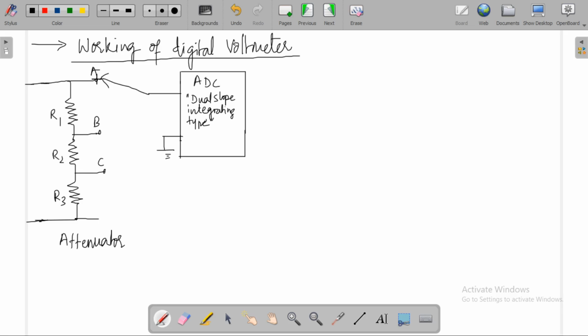If the switch is thrown to position A, the voltage range will be 0 to 1 volts. Okay, if this is the range, then the resolution will be 1 millivolt per step. I will come back to this point. For the range of 0 to 1 volts, the resolution will be 1 millivolt per step.